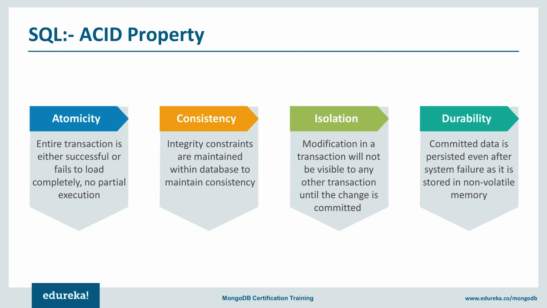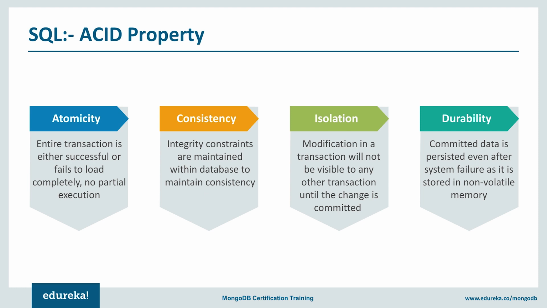Or we execute a couple of insert statements, and the first one executes successfully but the next one fails. To ensure that either both insert statements get executed successfully or none of them do, there's no acceptance of partial executions or partial failures of transactions. That ensures atomicity in the transactions. That's what the atomicity principle talks about.